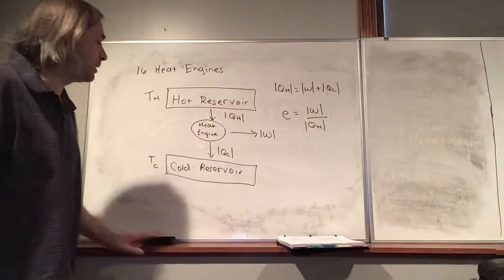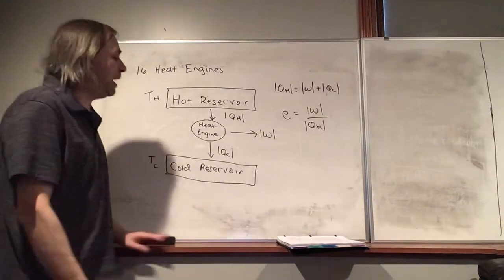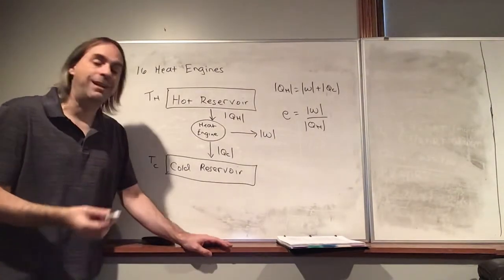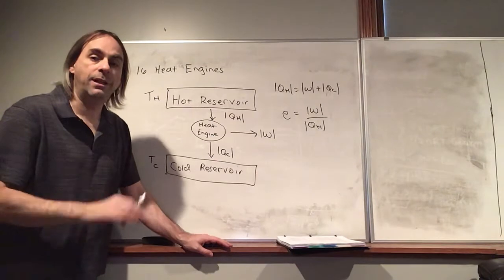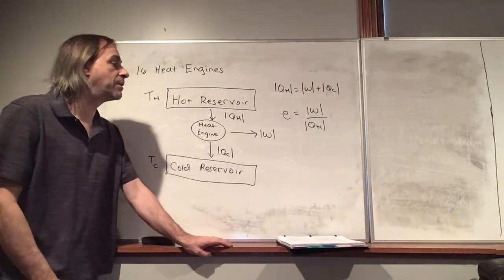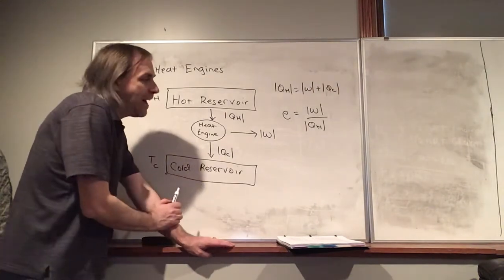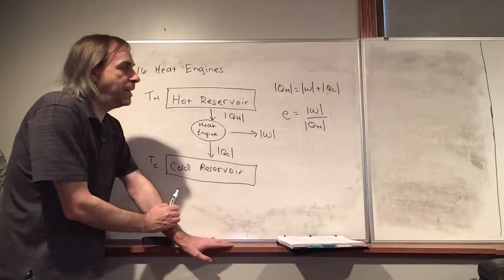But that is not possible. It'd be nice, but it wouldn't violate conservation of energy. That's going to violate a different law of thermodynamics, which we'll talk about later, if something like that were to happen.